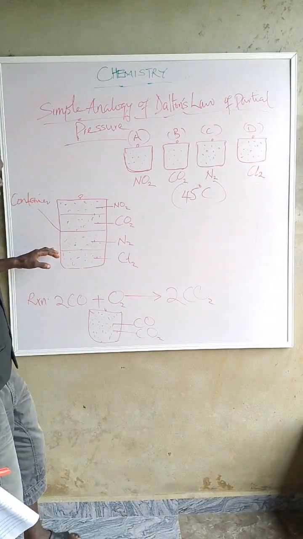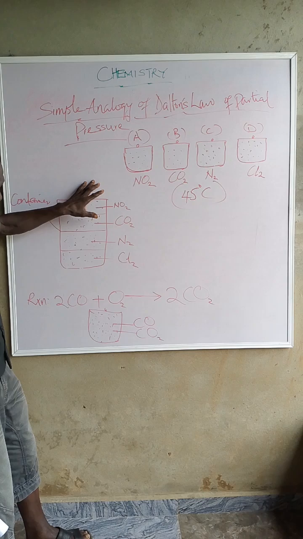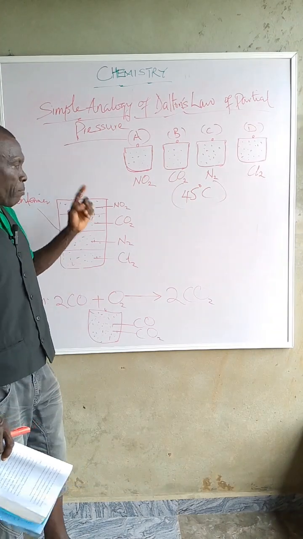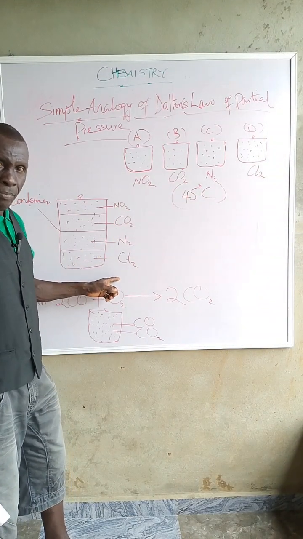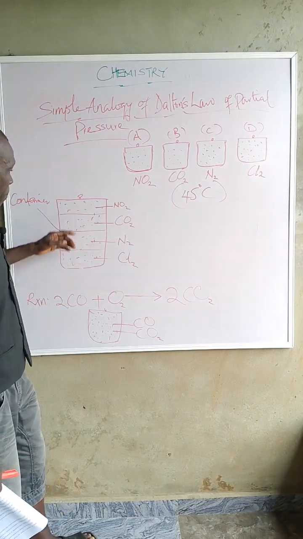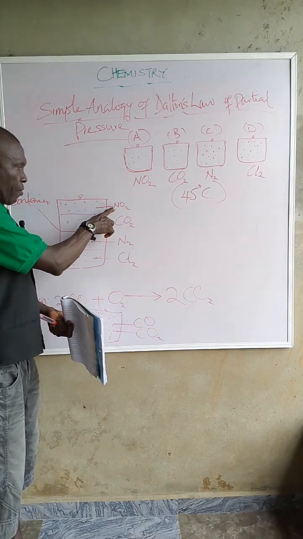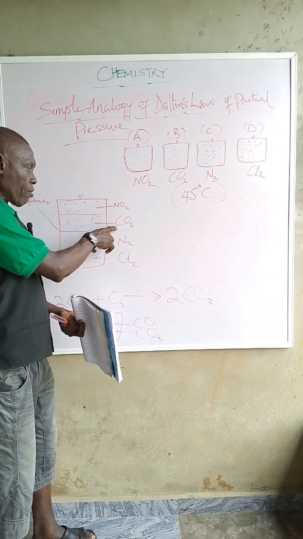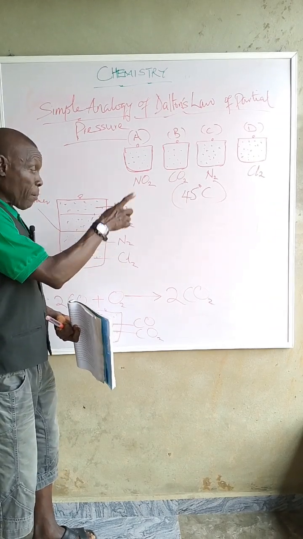So if you want to find the total pressure of all the gases in this container, the total pressure here will be the partial pressure of each of them. So the total pressure here will be the partial pressure of nitrogen(IV) oxide plus partial pressure of carbon(IV) oxide gas plus partial pressure of nitrogen gas plus partial pressure of what?